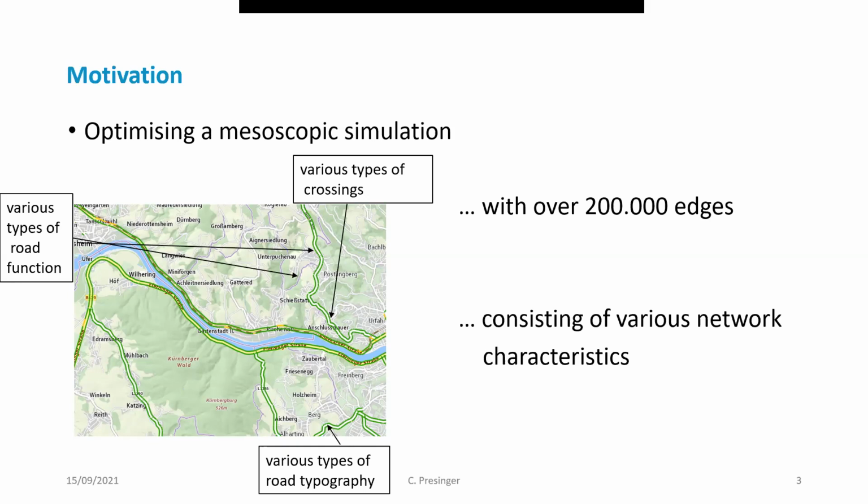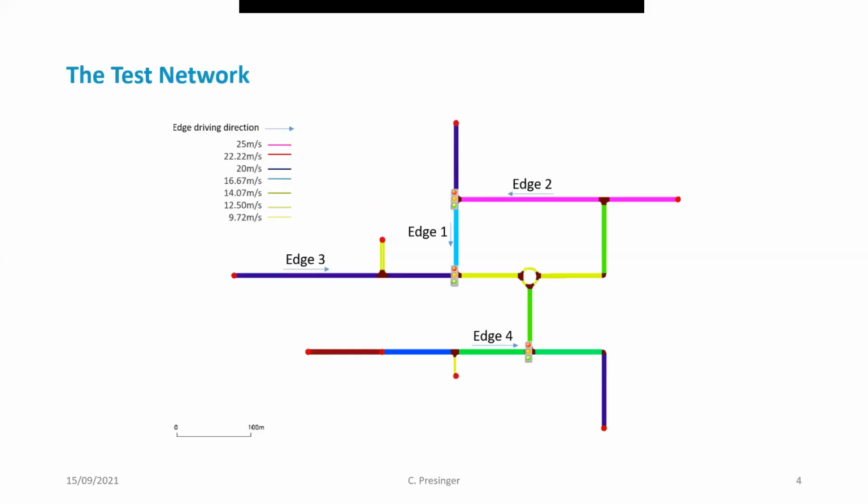And I called it here the test network. And I designed this test network using all these different characteristics of the road. And I tried to make it very small, but to fill it up with everything that you needed.